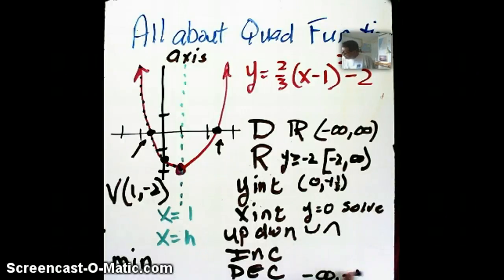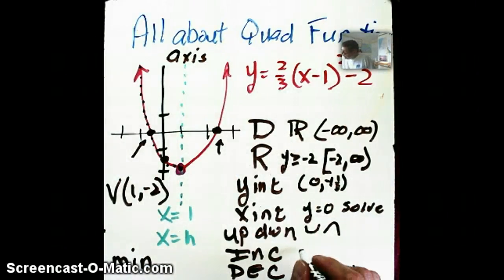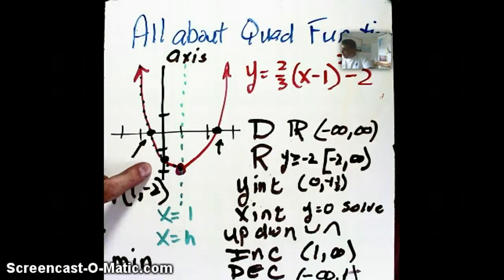At 1. Okay. Now I'm not going to sweat that. You could just put parentheses there. Increasing from 1 to positive infinity. So 1 to positive infinity. Increasing and decreasing.